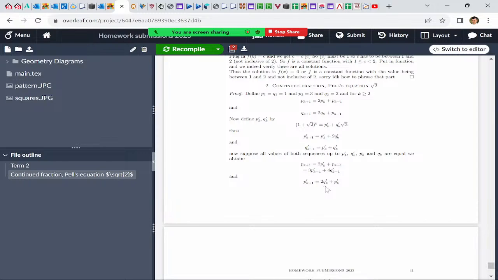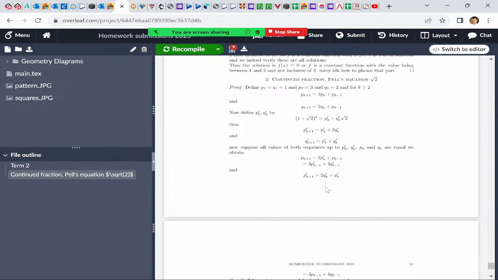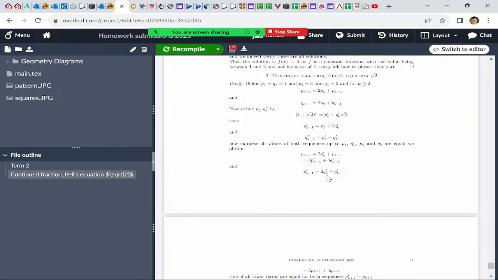Alright, so here, PK plus 1 prime equals that. I shouldn't have written that. That's just the normal recurrence, right? Yeah.